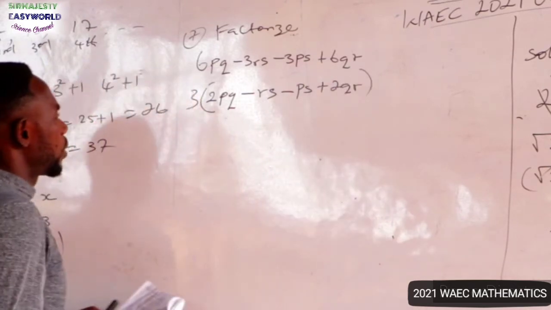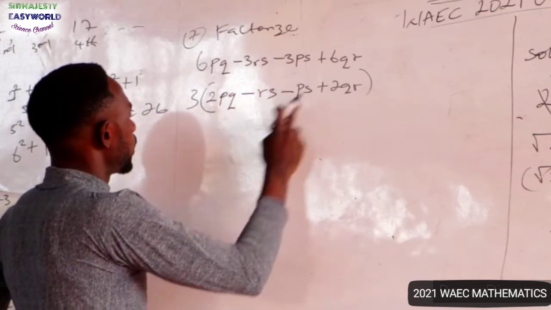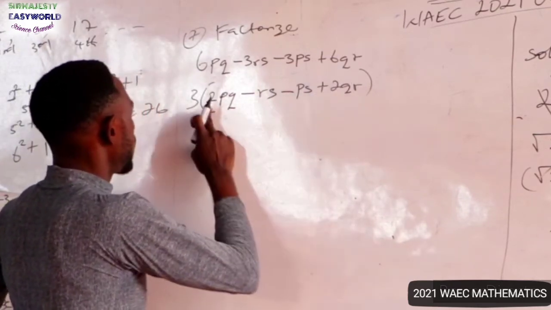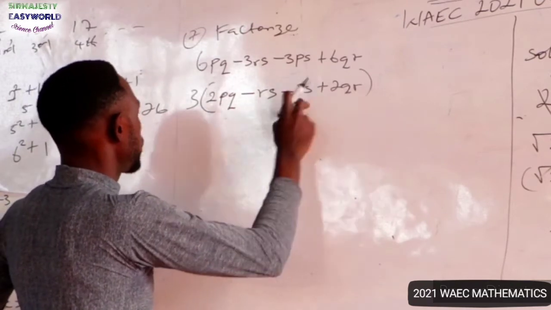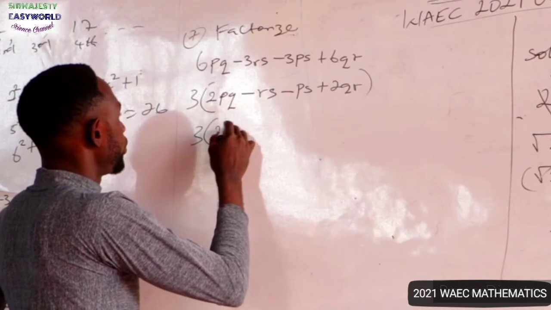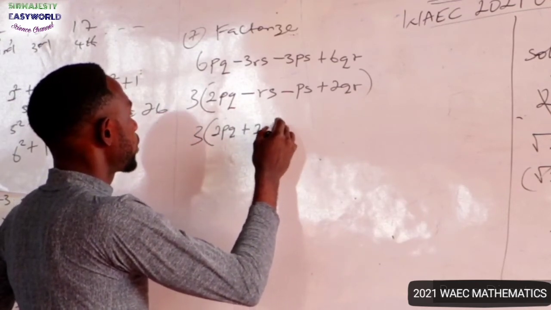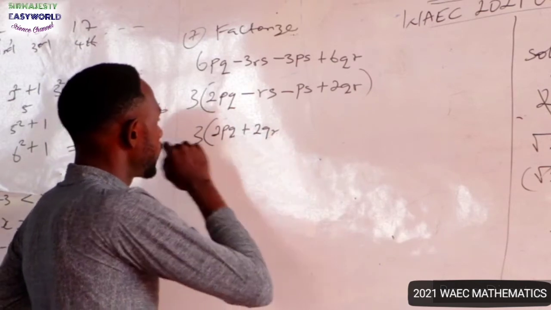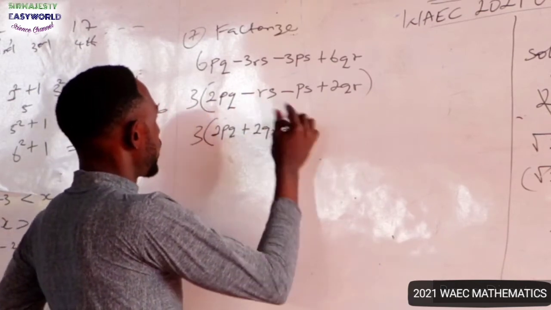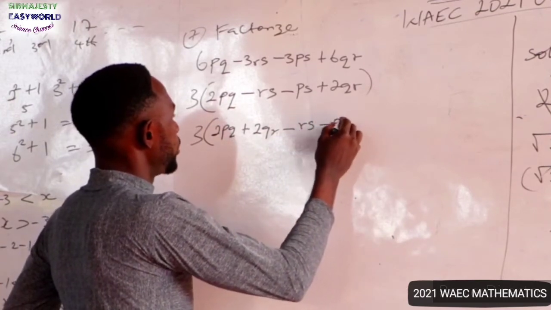Okay, then collect like terms. We have PQ, QR, and there are 2 here, 2Q, so this has to go. We have 3 bracket, 2PQ plus 2QR. Then we have minus RS minus PS.